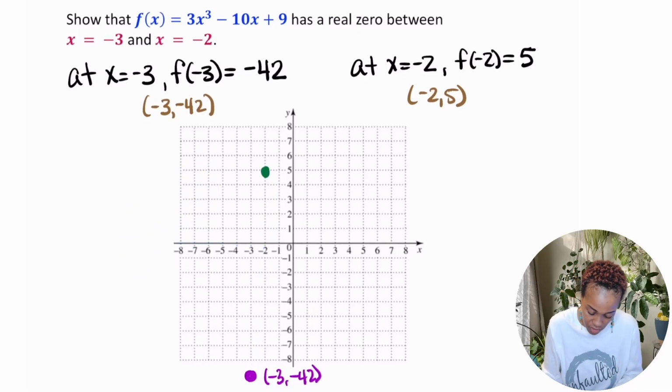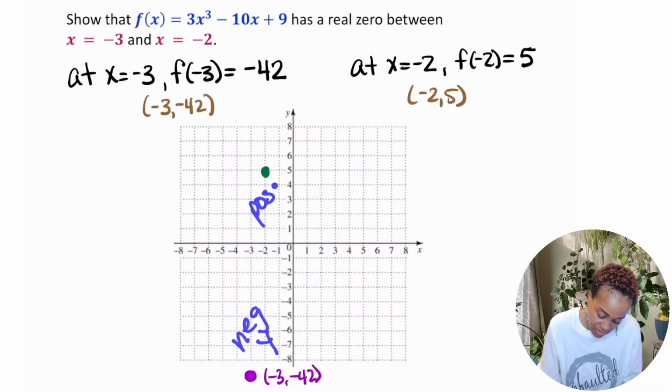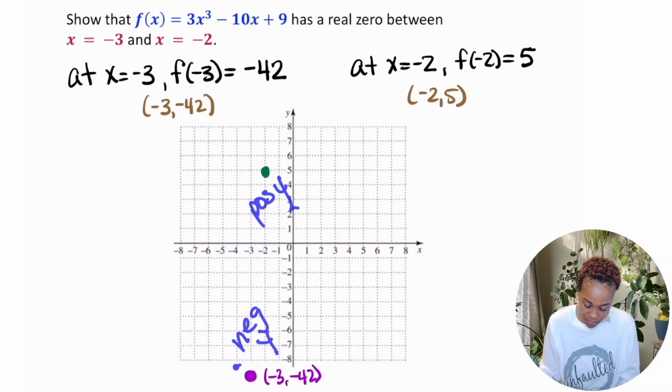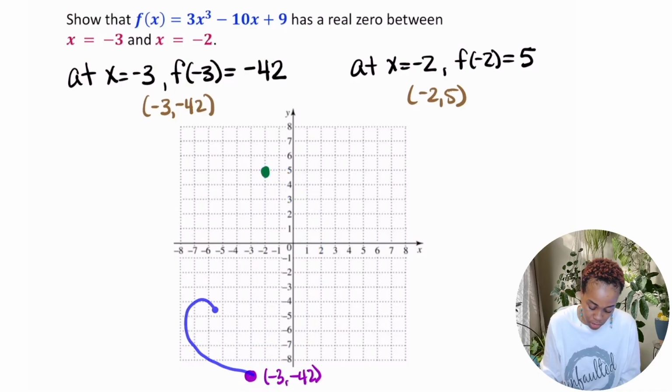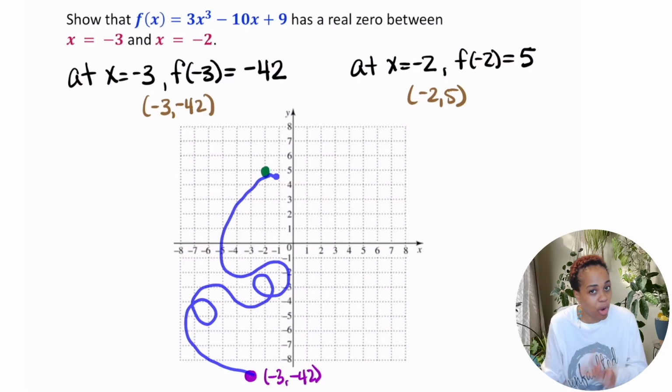If you can go from one point to another point, and your y values change signs, that means you went from a negative y to a positive y. Because the only way you can get from this point to this point is to cross the x-axis. I don't care if you loop-de-loop, you still got to cross the x-axis. Does that make sense? I hope that makes sense.